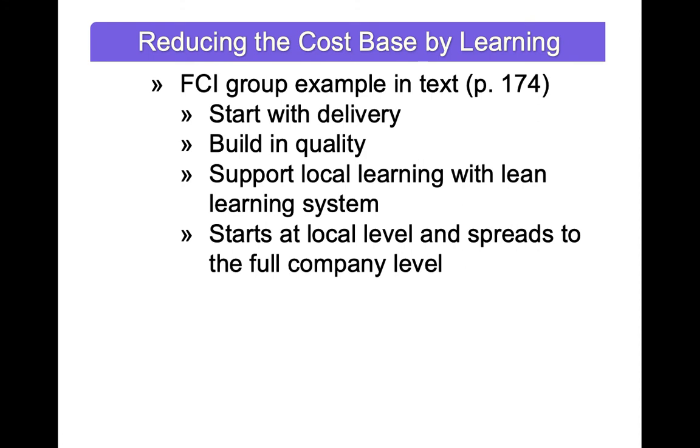And they built more quality because, well, let me go back to the delivery. The customer had brought up the concern that their shipments were unpredictable. So that was a service issue they had to tackle.